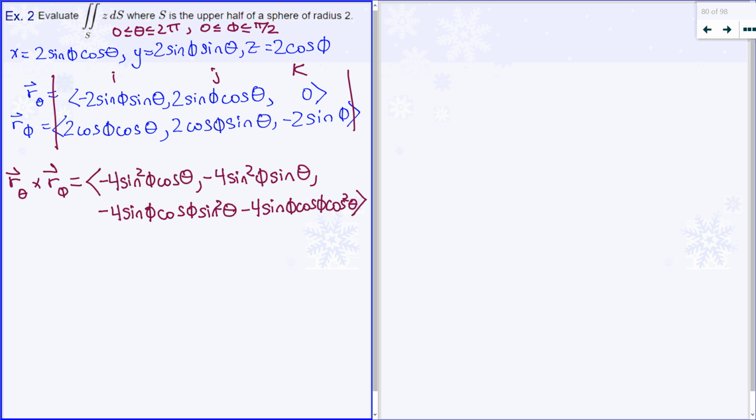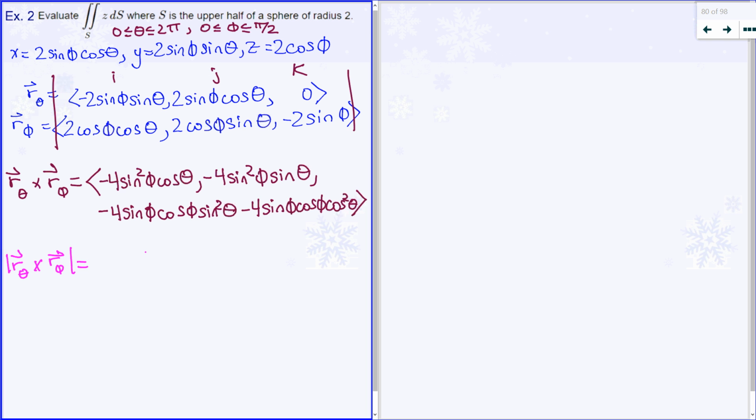So now we have the fun task of taking the magnitude of this. I'm so excited, I'm going to change to a fun color. Let's do a little magenta. Oh no, let's simplify it first.